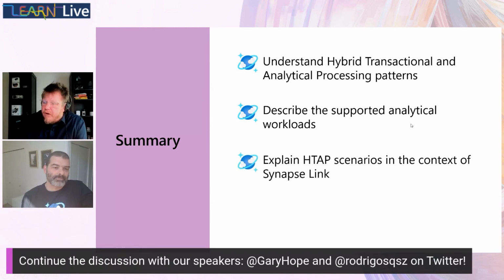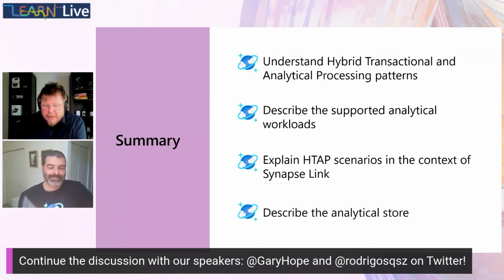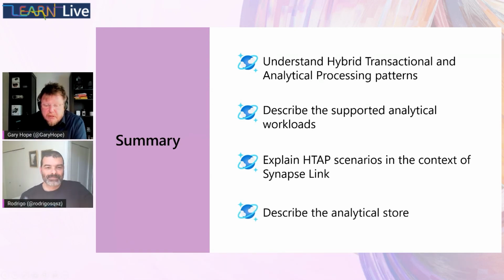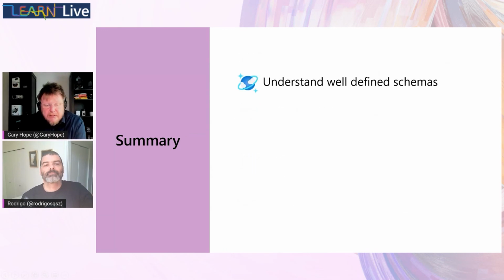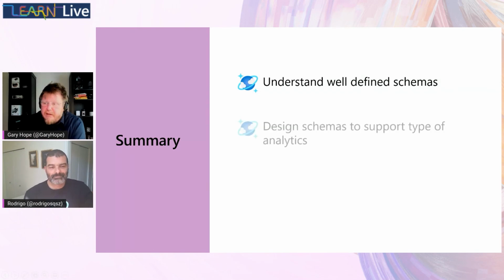The HTAP scenarios in the context of Synapse Link: what do you want to enable and what is needed to enable it with the Synapse technologies? We've spoken about that. We've gone into a lot of detail around the analytical store itself, specifically understanding what these well-defined schemas look like, and the constraints or rules that we have in terms of how we map from the NoSQL document data into a relational structure that we can query.